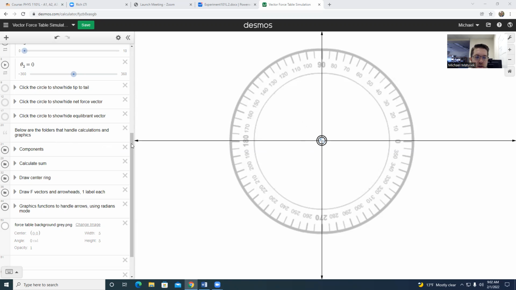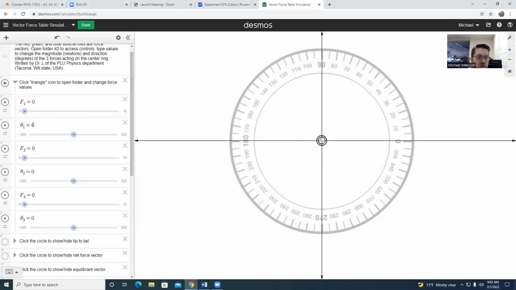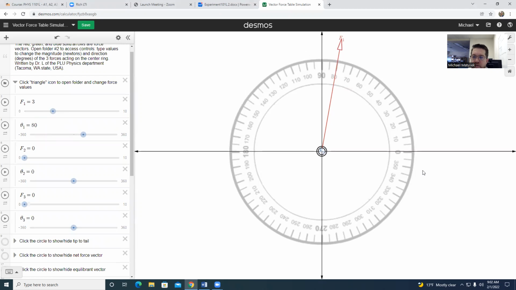As a demonstration, let us consider the vector that is oriented in the positive first quadrant at 80 degrees. And let's suppose that its magnitude is 3 newtons. You'll notice that the red arrow represents our vector F1. What would its corresponding components be?